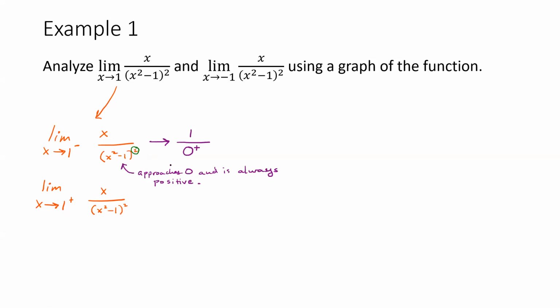So this is a way for me to analyze it, because now this tells me that it's going to positive infinity. Because I know 1 on the top is not 0, and then something that goes to 0 on the bottom, sort of like that example, 1 over x squared, right? We had something similar, where it's 1 on the top, but then it gets closer and closer to 0 in the denominator.